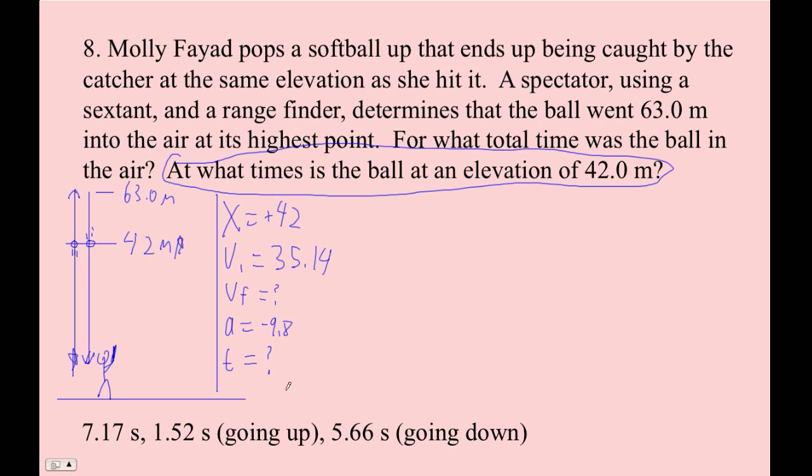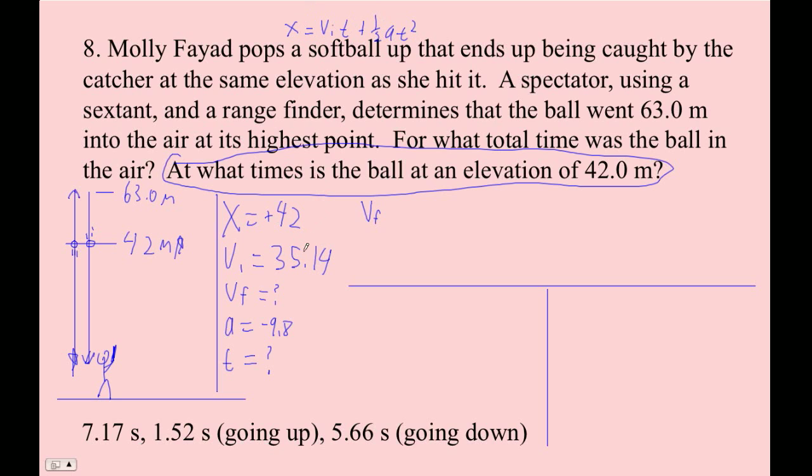Now I think I'd better divide the screen up here. I'm going to solve for the time down here, on the way up and on the way down, but let's figure out the final velocity first. To be sure, I could use the formula X equals VI T plus 1/2 A T squared. You mathematicians out there, plug it in.